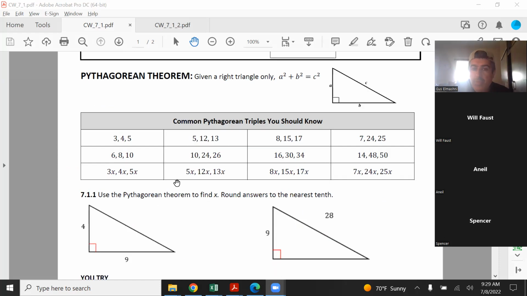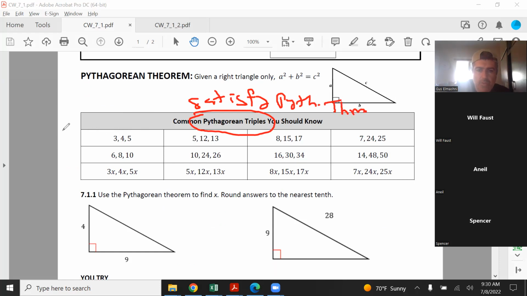Some Pythagorean triples, meaning all these satisfy the Pythagorean theorem. If you did 3 squared plus 4 squared, does it equal 5 squared? You bet, right? 9 plus 16 is equal to 25.